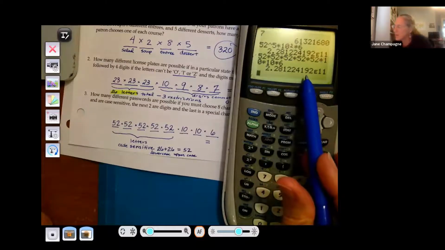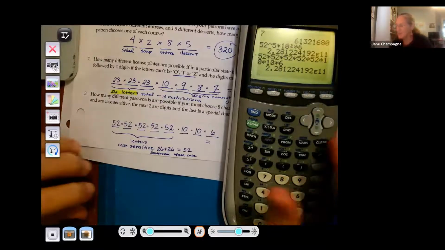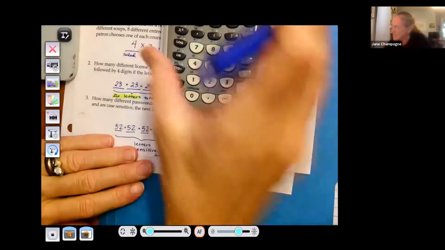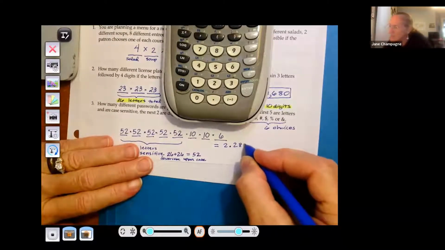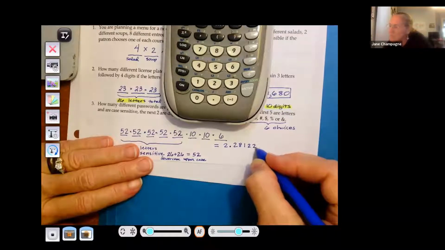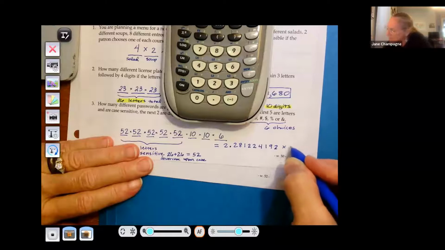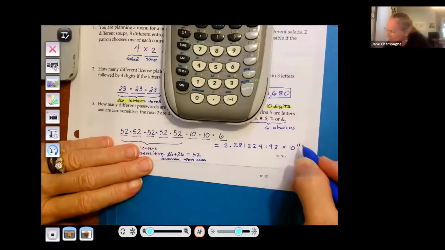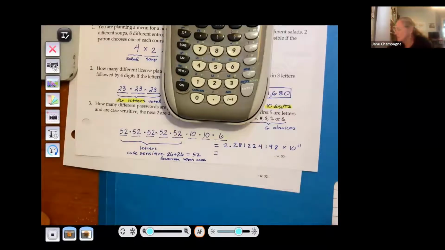2.28 and so on. E11 means times 10 to the 11th power. Let's see if I can write this down. 2.281224192 times 10 to the 11th power, which means move the decimal place 11 places to the right and fill in with zeros as necessary.